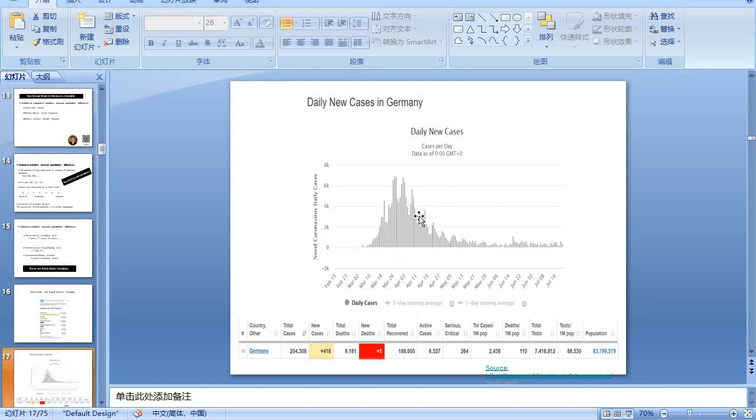And then the number of cases started to decrease in early April and kept decreasing, but there are periodical spikes, periodical sudden increases in cases over the entire period of time. But the overall trend is that the new cases are decreasing. The number of cases each day is an equal interval variable.